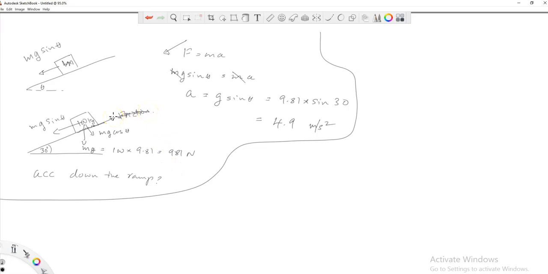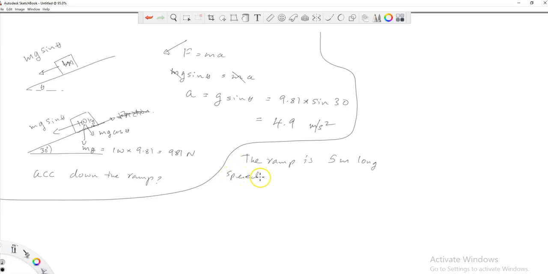Okay, so here's the problem. The object is at the top of the ramp. The ramp is 5 meters long. The question is, what's the speed of the object at the bottom of the ramp?